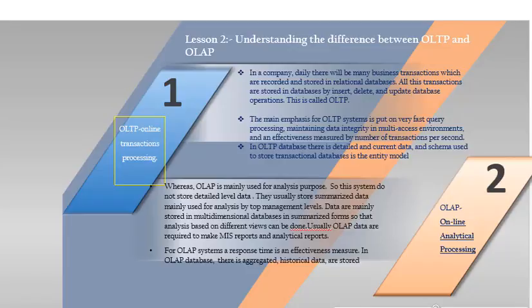Data are mainly stored in multidimensional databases in summarized form so that analysis based on different views can be done. Usually OLAP data are required to make MIS reports and analytical reports. For OLAP systems, response time is an effectiveness measure. In an OLAP database, aggregated historical data are stored.